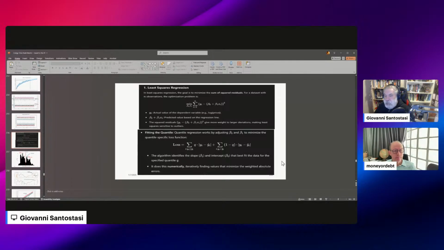Correct. It's amazing that it still works pretty well, because if you superimpose, and I can show in a moment, the 50 percentile quantile with the least squares, they are very similar. They are not that huge of a difference. It's still amazing.